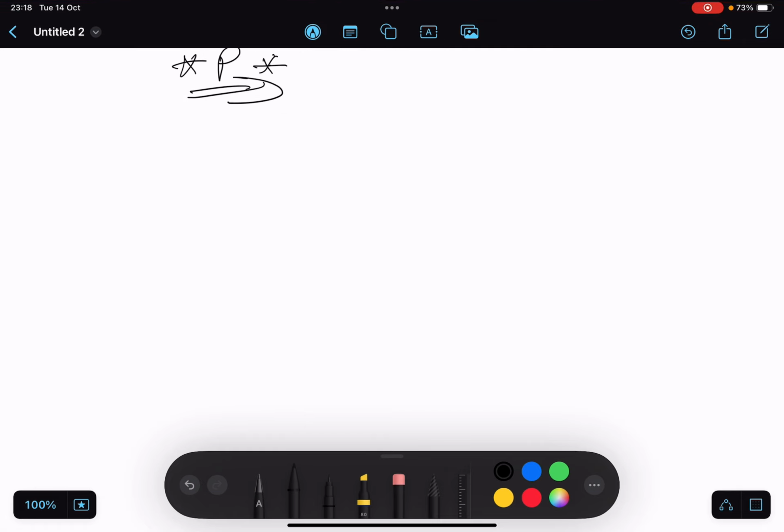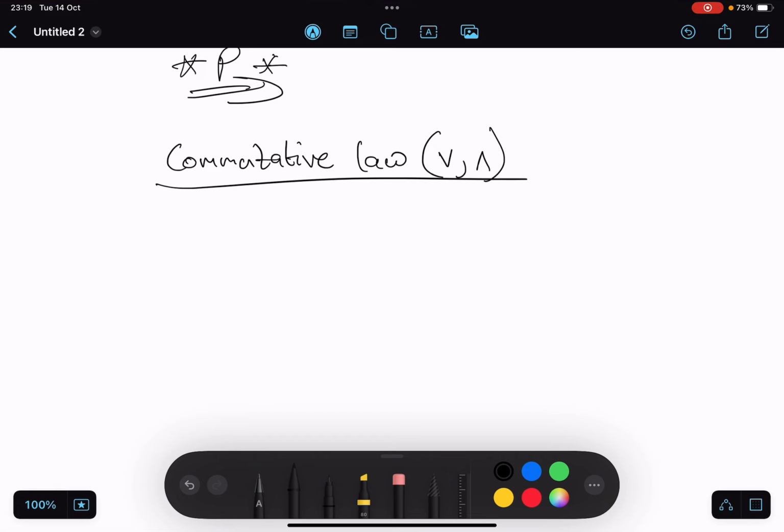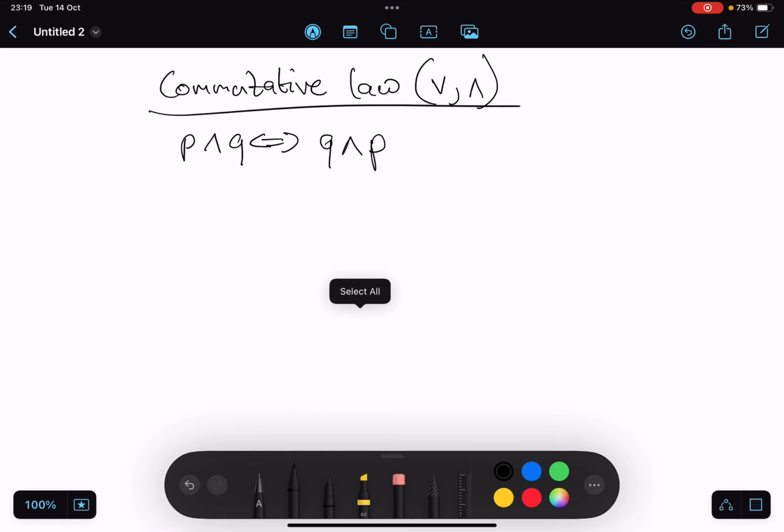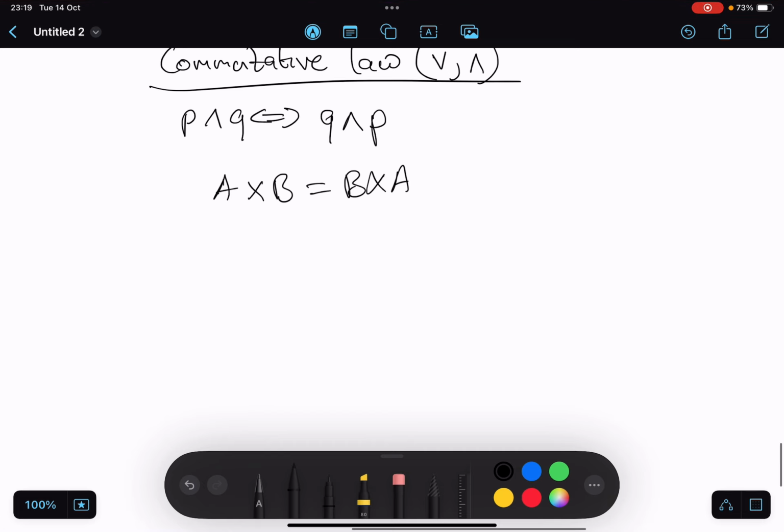So now we can also look at the commutative law. With the commutative law we are specifically looking at the conjunction and disjunction operators. It says P and Q is logically equivalent to Q and P. This is the same thing as saying A times B is equal to B times A. This is the commutative law.